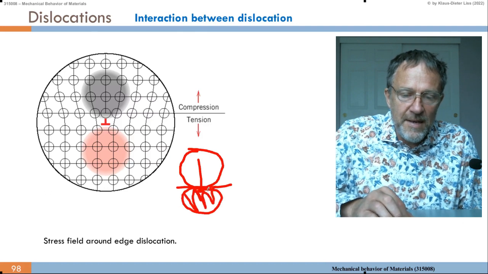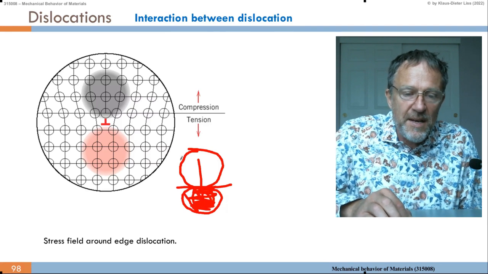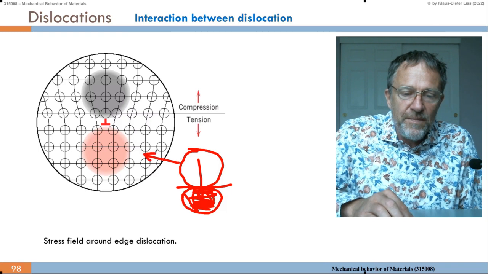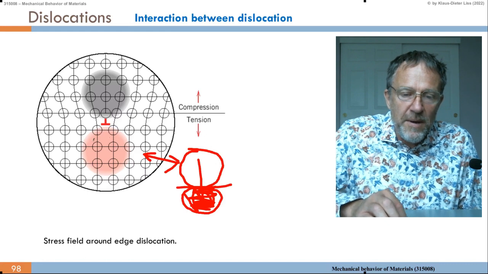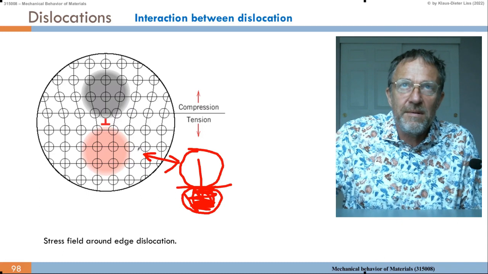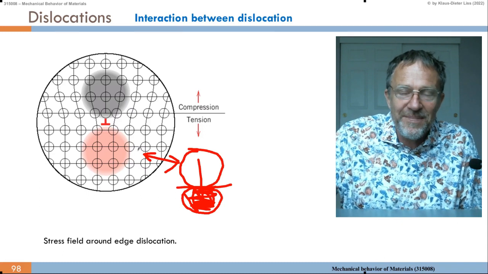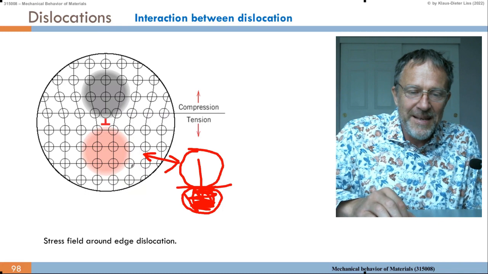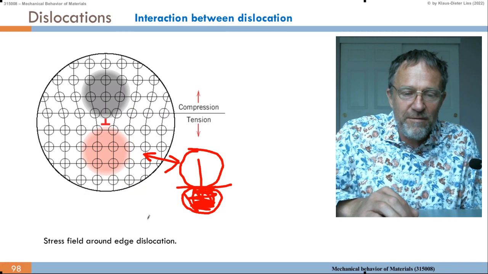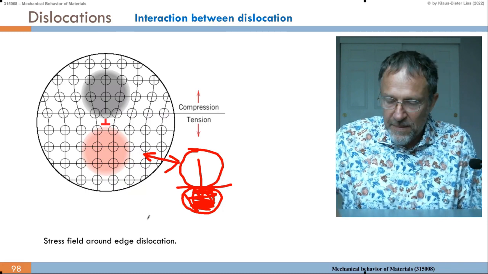I know this is tensile, the upper is compressive. So what happens? I have a compressive stress and I have a tensile stress. Of course, they attract each other, because if I put the compressive stress on top of the tensile stress, then I have no stress if they're the same order. So I minimize the stresses if I put them, for example, on top of each other.